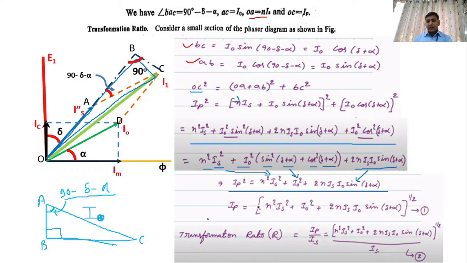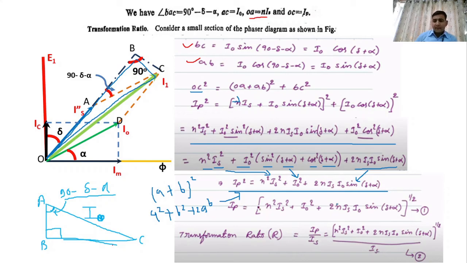This will be represented as a² plus b² plus 2ab, that is (a+b) whole square. You will see nIs is equal to a, I0 equal to b, and 2nIs I0 sin(δ+α) is represented as 2ab.